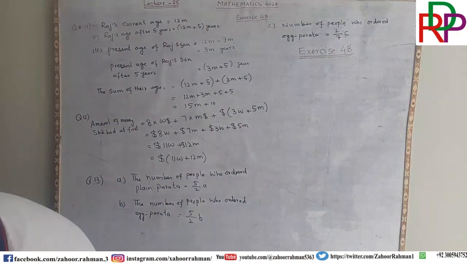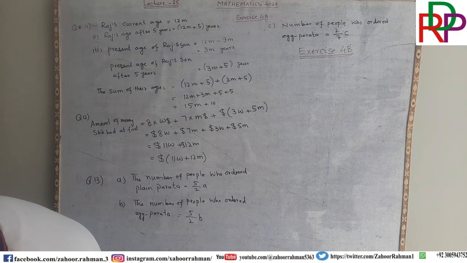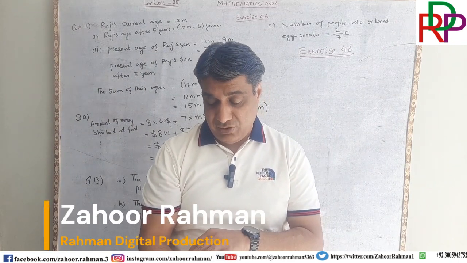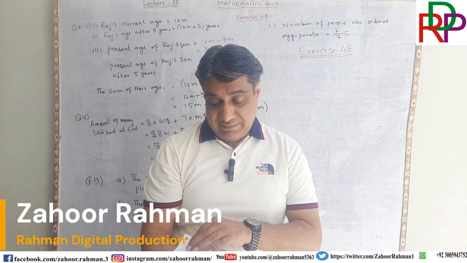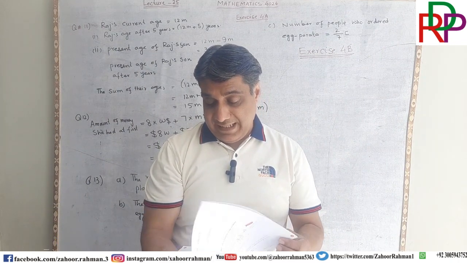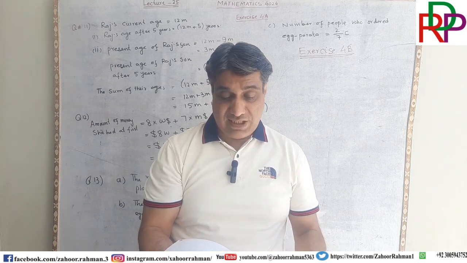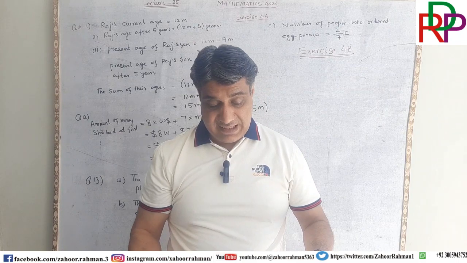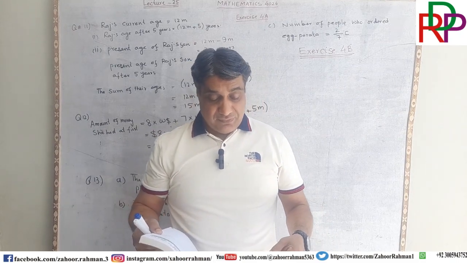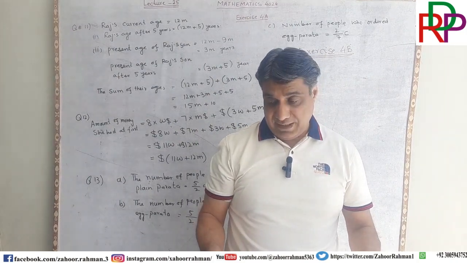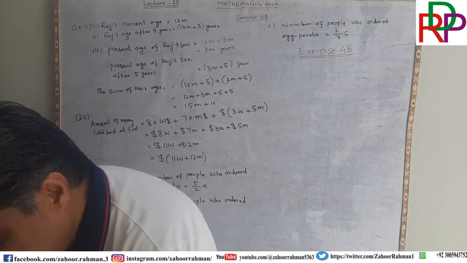Okay, exercise 4a is all about sums involving the negative of a linear expression. Many students are confused by this. Exercise 4b is on page number 95 if you have the book.